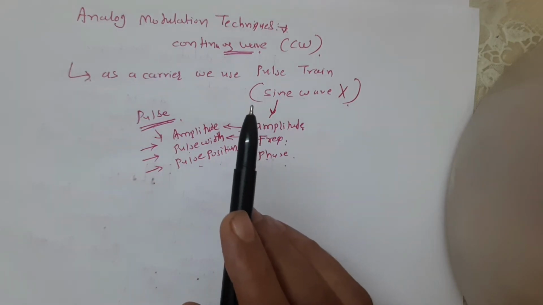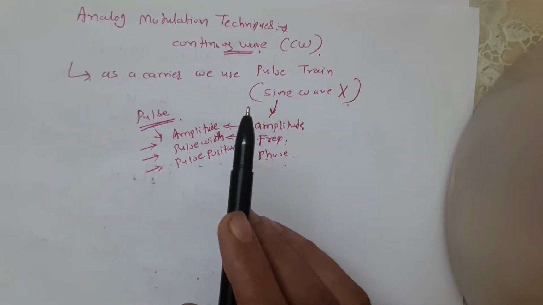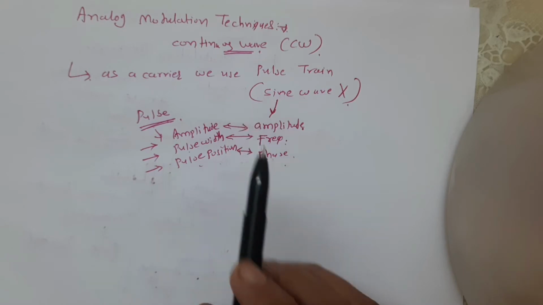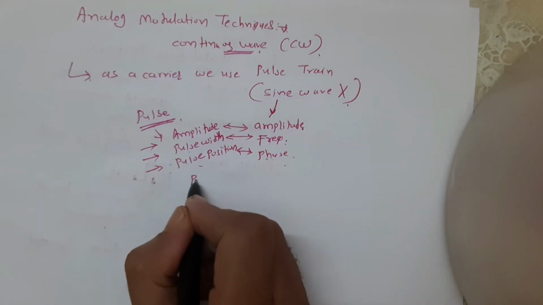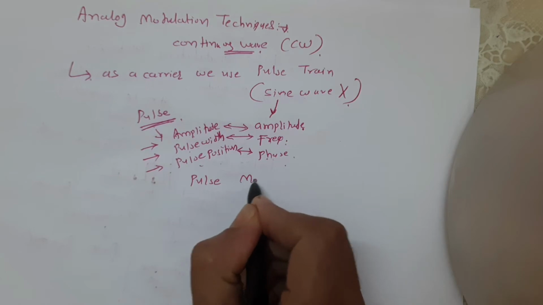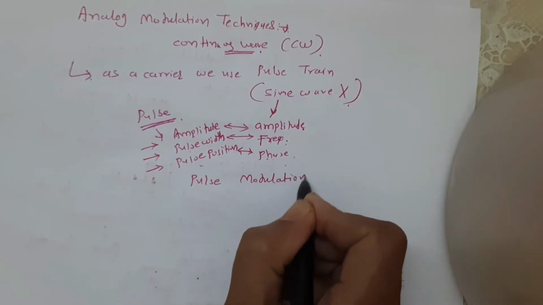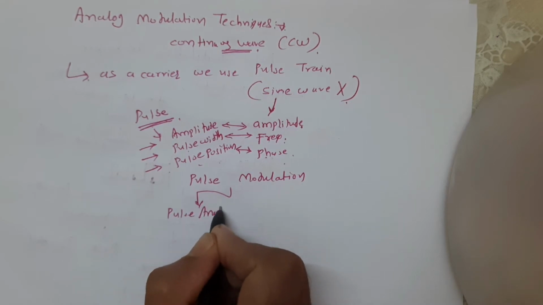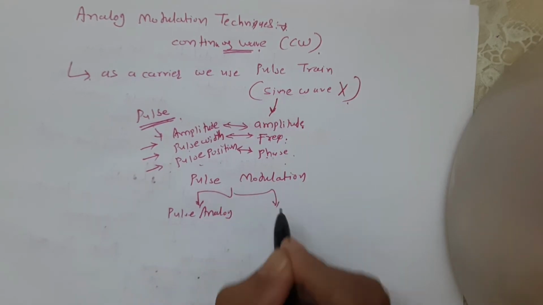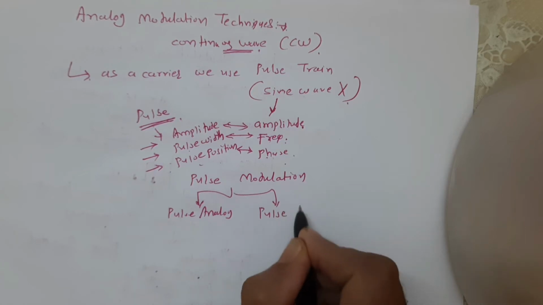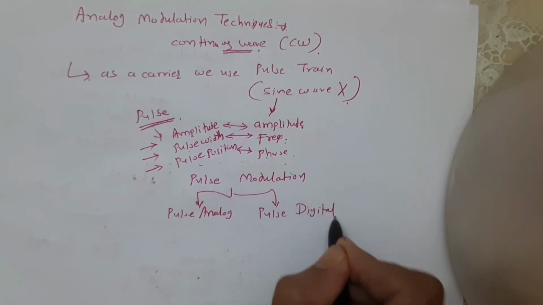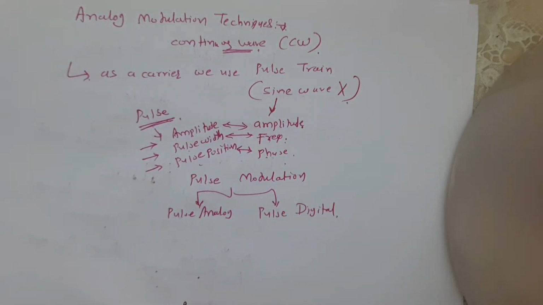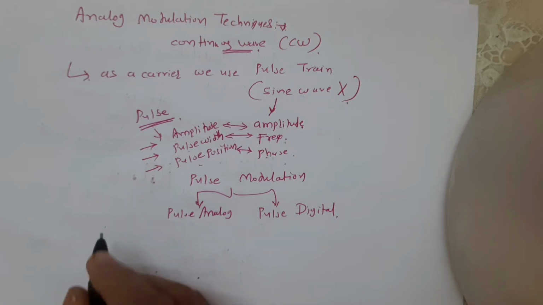Pulse modulation is further classified as pulse analog and pulse digital modulation, depending on whether the parameter of the pulse is continuous or discrete in time.